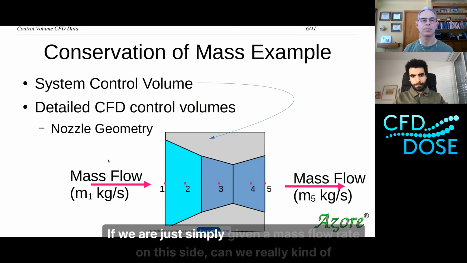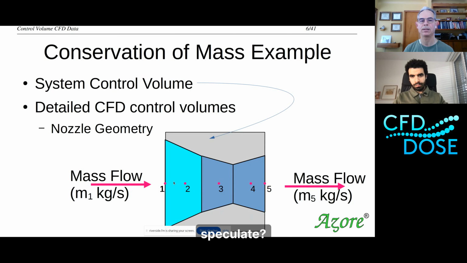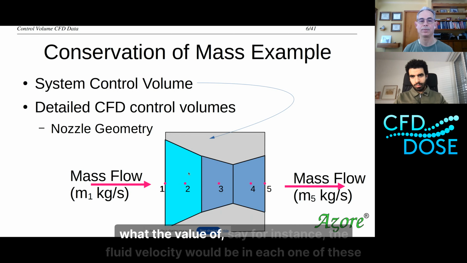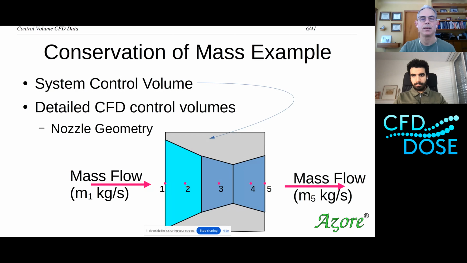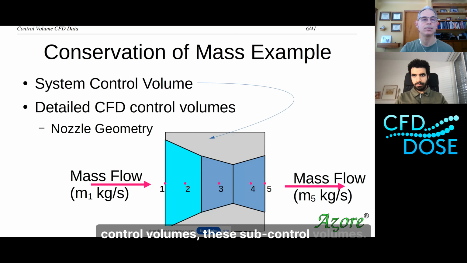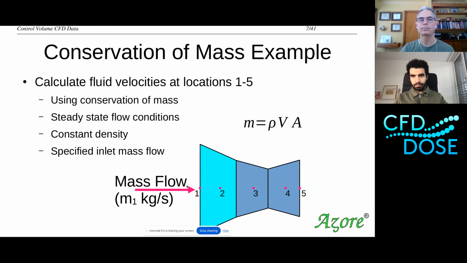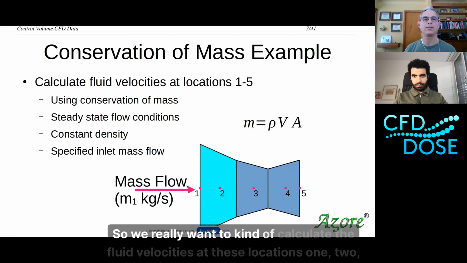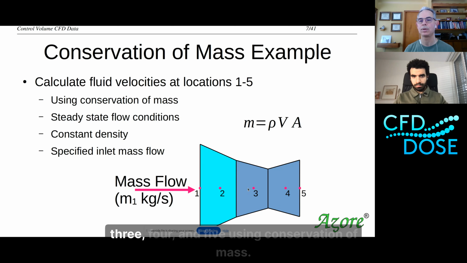If we are simply given a mass flow rate on this side, can we speculate what the value of, for instance, the fluid velocity would be in each one of these sub-control volumes? So we really want to calculate the fluid velocities at these locations 1, 2, 3, 4, and 5 using conservation of mass.